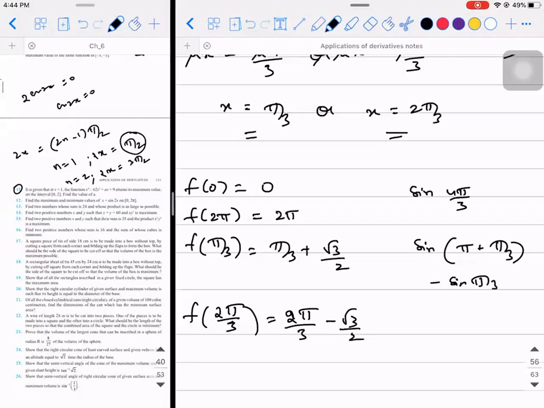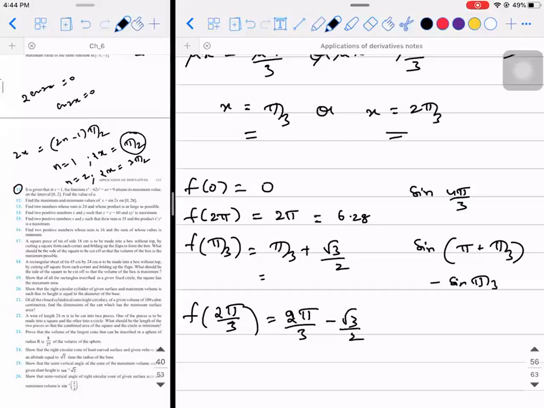Out of all these values, which one is the maximum? Root 3 by 2 is 1.732 something. Pi by 3, with pi as 3.14, is 1 point something. So 1 point something plus 1.732 is 2 point something, about 2.8. Remember, 2 pi is 6.28. Don't write it as 180 degrees and all, okay?